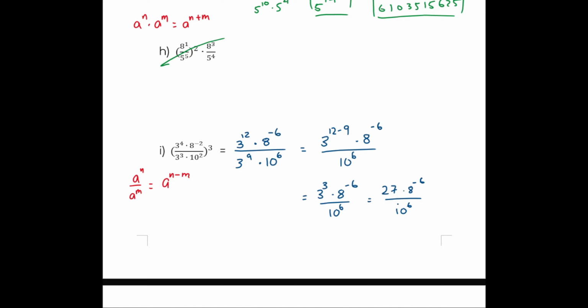Now we've got a negative exponent here, and I don't want a negative exponent. It's at the top in the numerator, so to turn that positive, we take it from the top, flip it down to the bottom, and change the sign from negative to positive. That's going to be 8 to the 6 times 10 to the 6. And that's my answer for I.